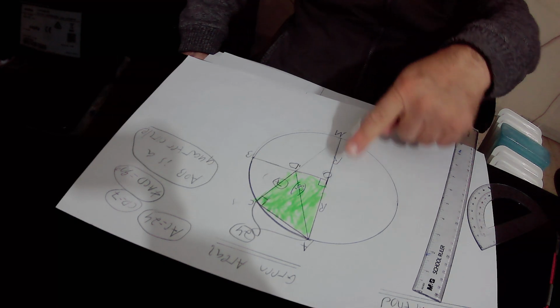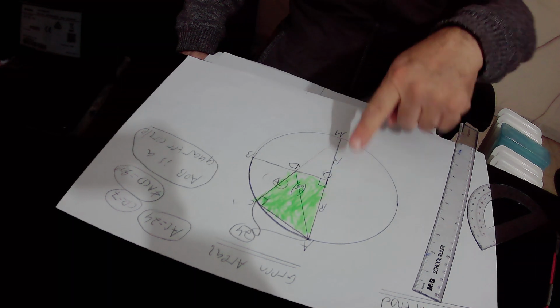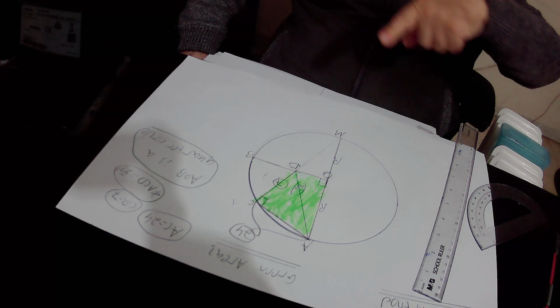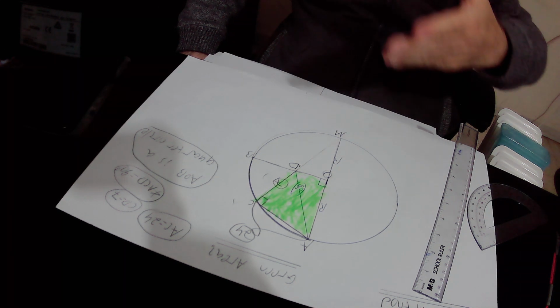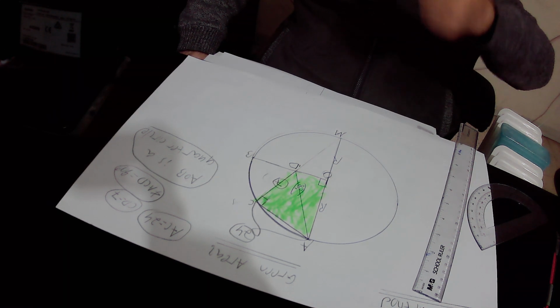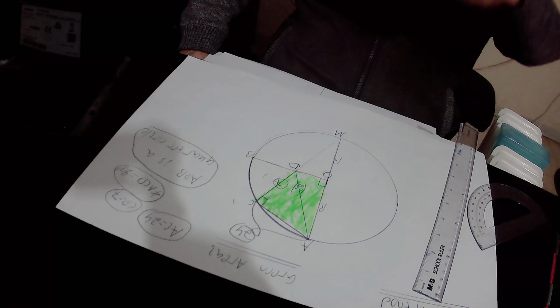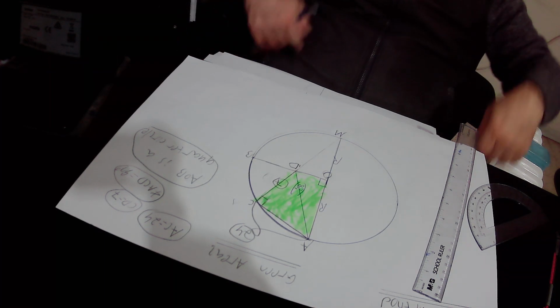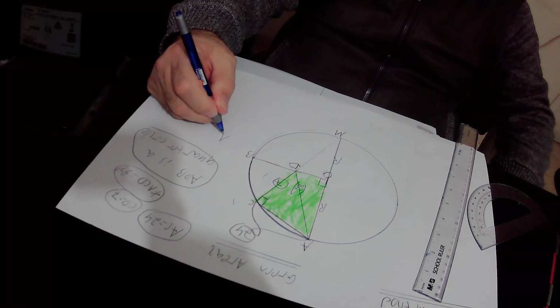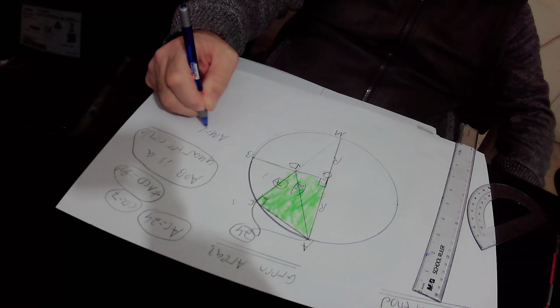So chord AM passes through point O, that is the center of the circle. Any chord that passes through the center of the circle must be the diameter of the circle. Therefore AM is the diameter of the circle.